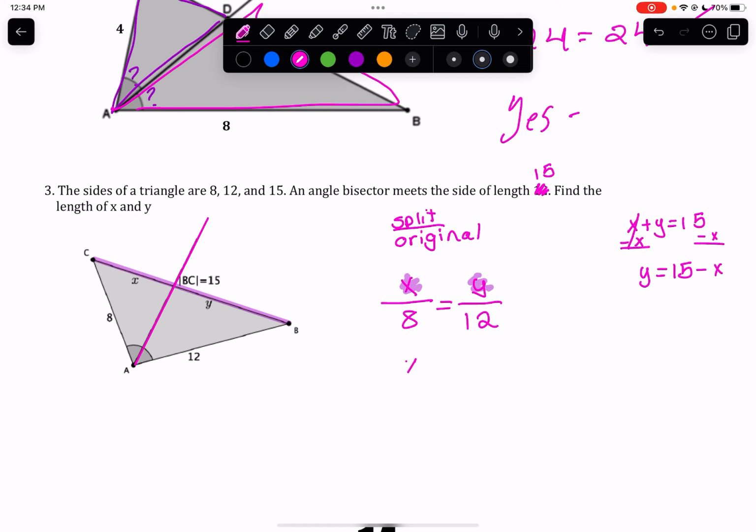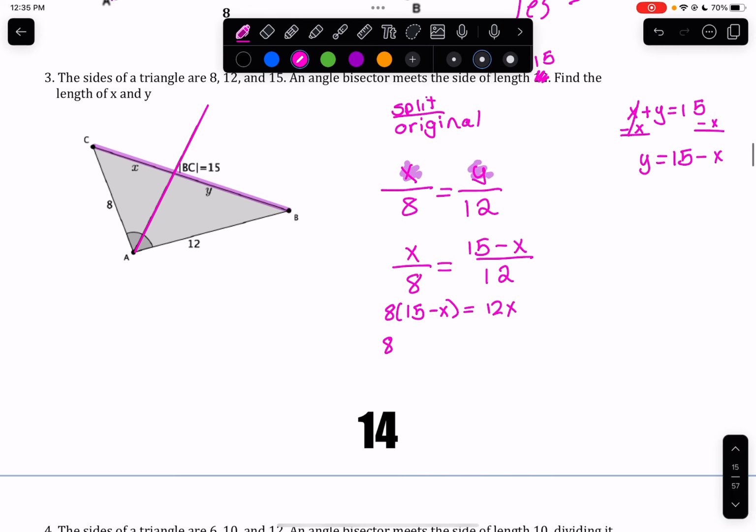So instead of x over 8 is equal to y over 12, I'll do x over 8 is equal to 15 minus x over 12. And now I will cross multiply and solve. So in this case, we will have 8 times 15 minus x is equal to 12x. So 8 times 15 is 120 minus 8x is equal to 12x.